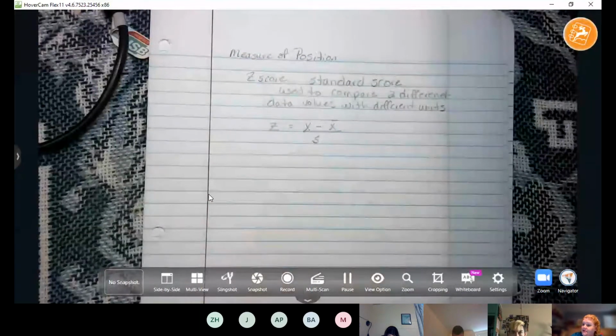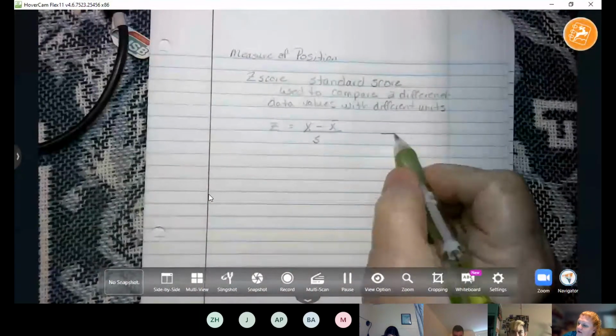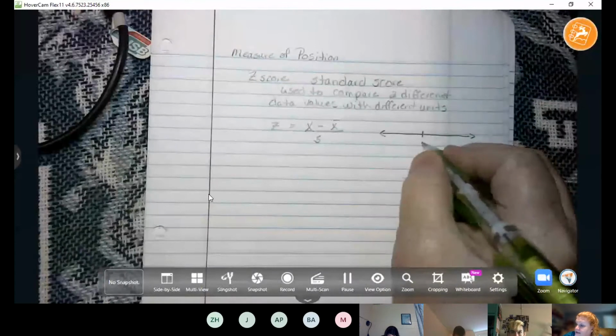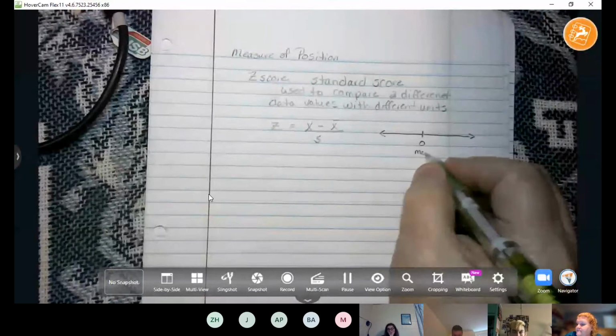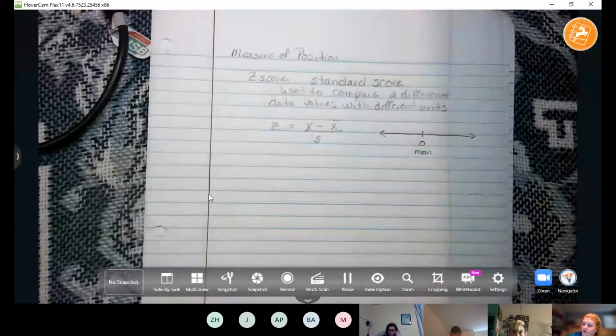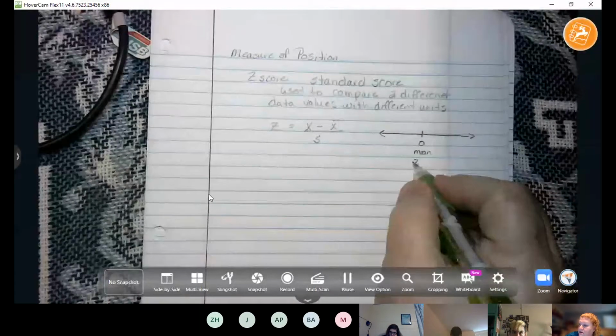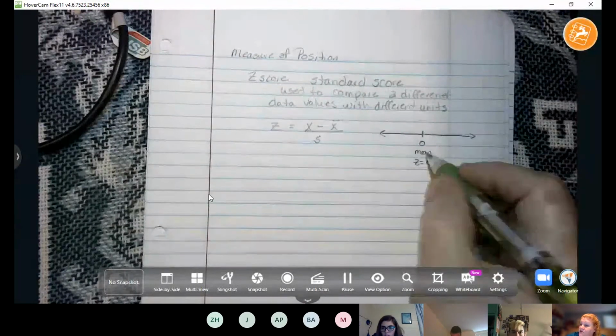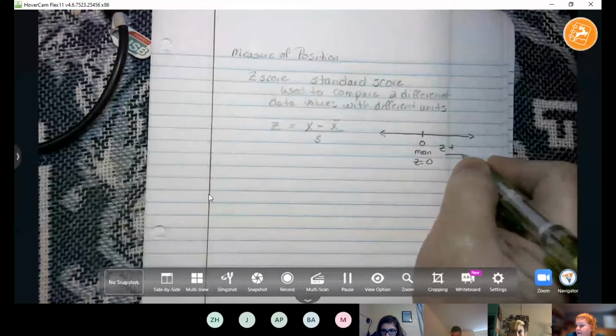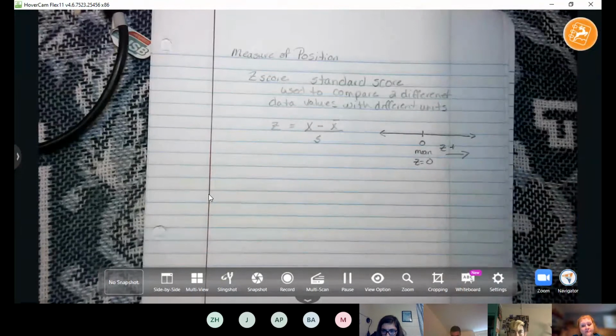Now, to understand a Z-score a little bit, you need to think of a Z-score on a number line. And at 0 is your mean. If you have a Z-score of 0, you are at the mean or the middle of your data. So if your Z-score is positive, that means you are above the mean.